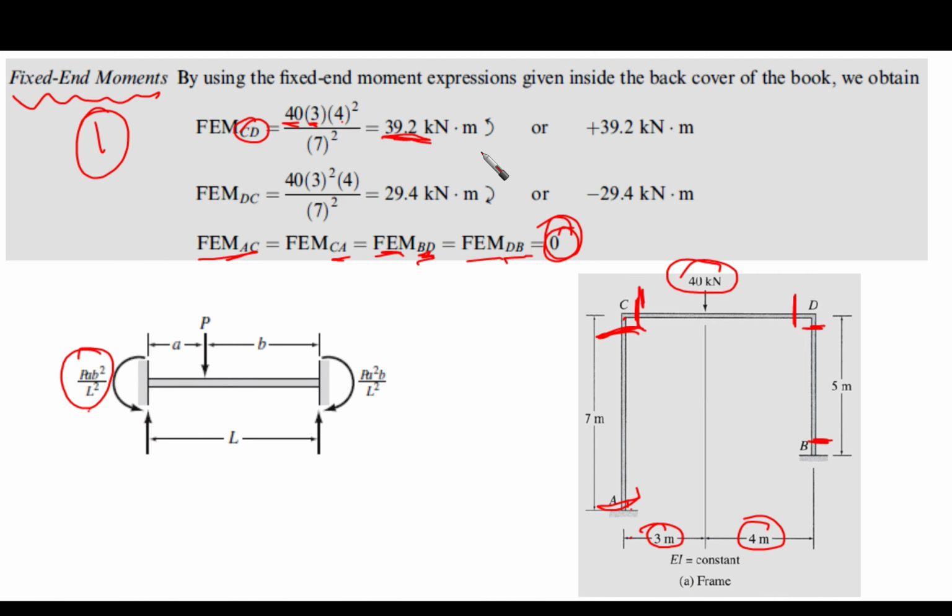And here you are going to find that MAC equals 2EI over H, which is 7, times theta C. It's the far end, so this is theta C. And there is 2 theta A. But theta A, as we said, equals 0, and also theta B equals 0, because it is fixed.